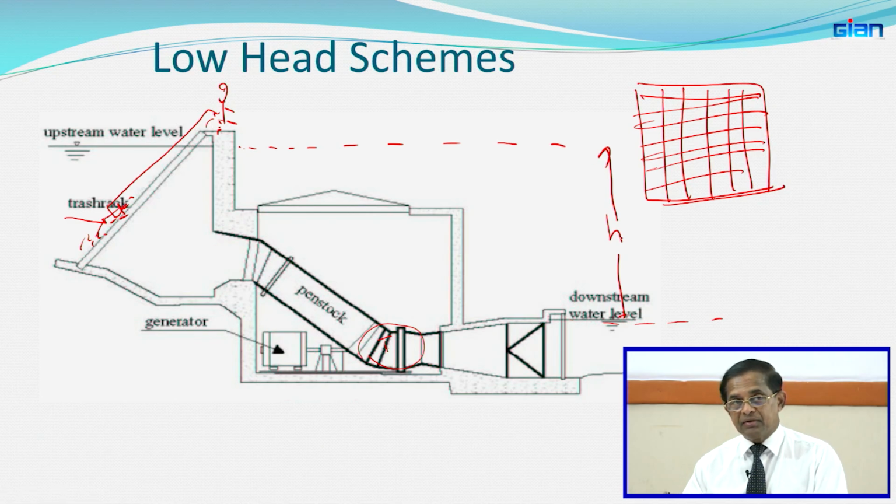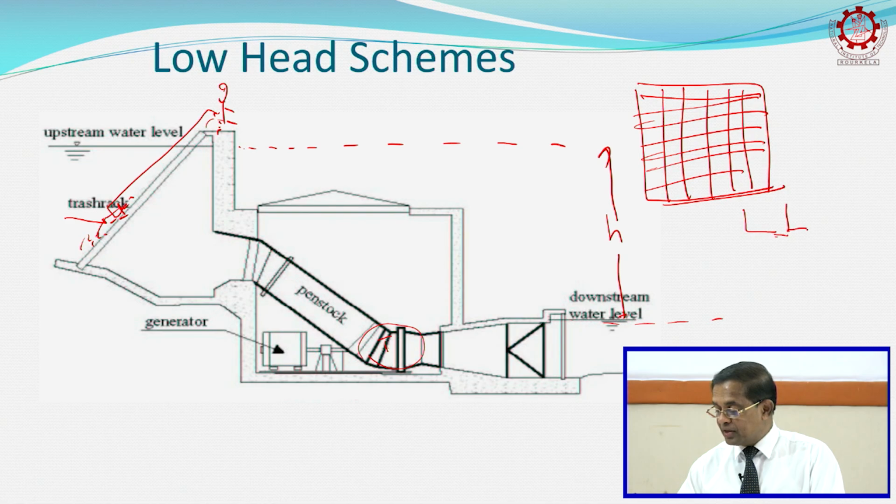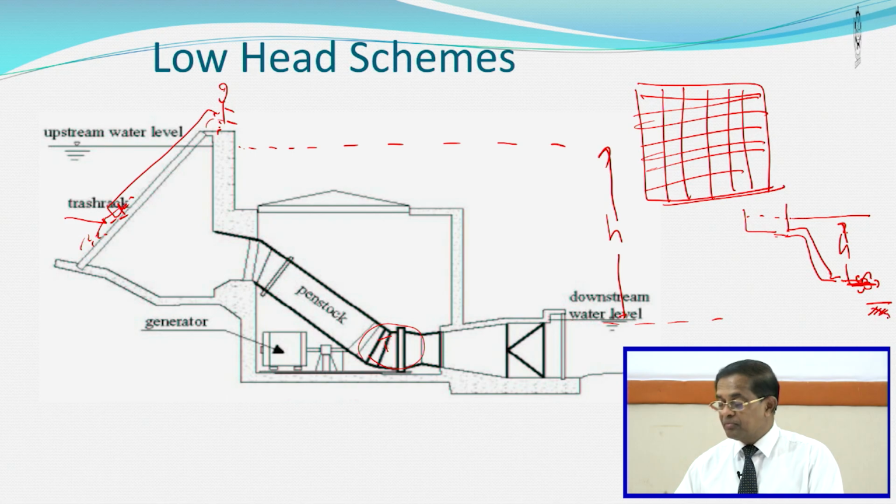So that will be the H. But if you take a high head scheme where the forebay tank is there and you take out the pipe and the water comes and hits the turbine, then the water jet comes and hits it. So the head will be the top water level in the forebay tank and the water jet level, not the tail race water level, right.